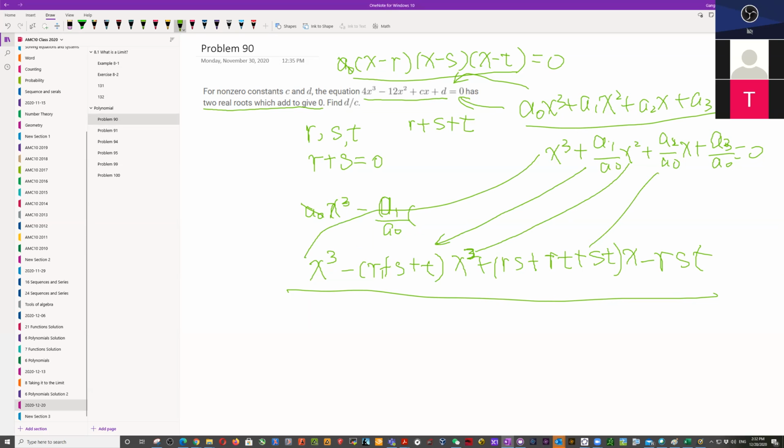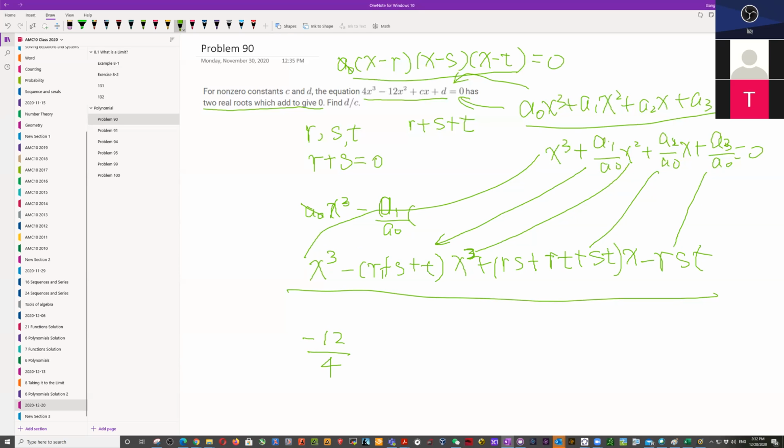So basically these are the cyclic sums of their roots. And given this information, what we know is that A1 is just negative 12 divided by 4, and it's actually very, very easy.